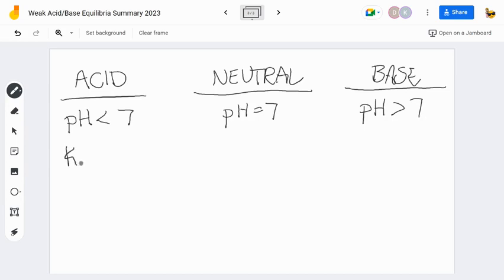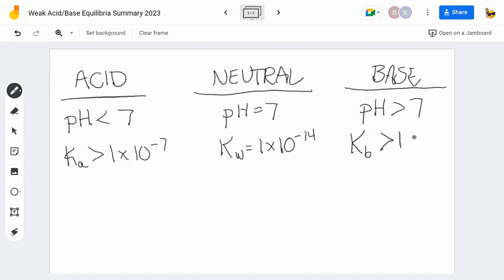Acids have a Ka that is greater than 1 times 10 to the minus 7. And bases have a Kb that's greater than 1 times 10 to the minus 7. The Kb on an acid, which we can calculate, is going to be less than 1 times 10 to the minus 7.